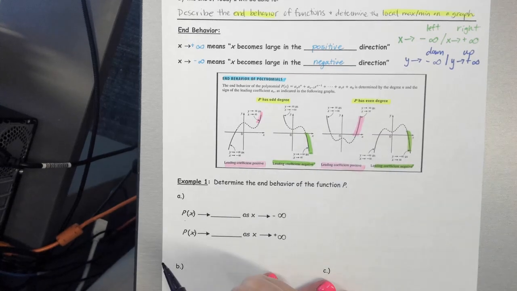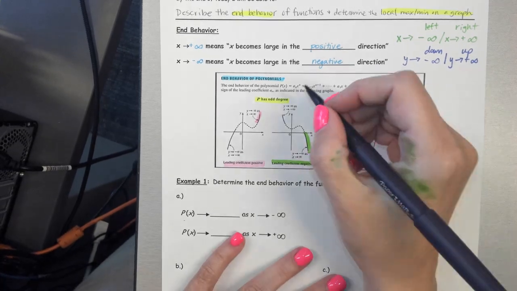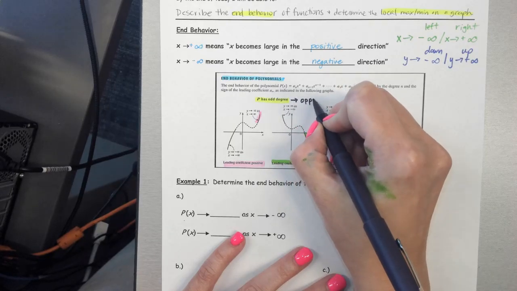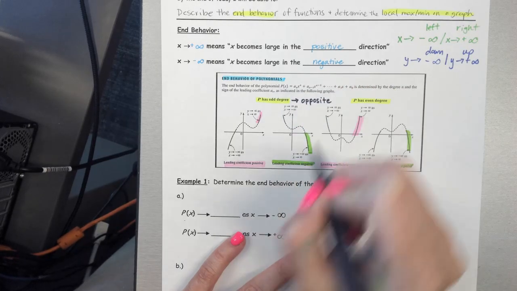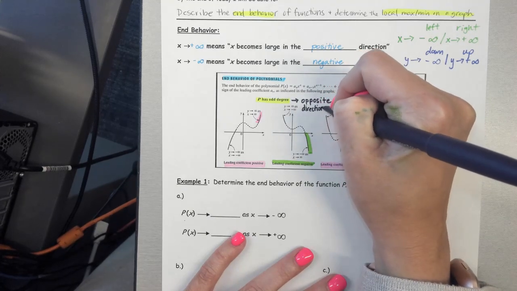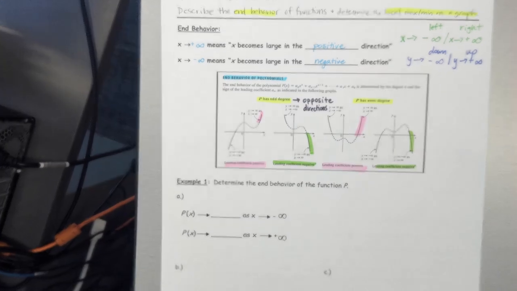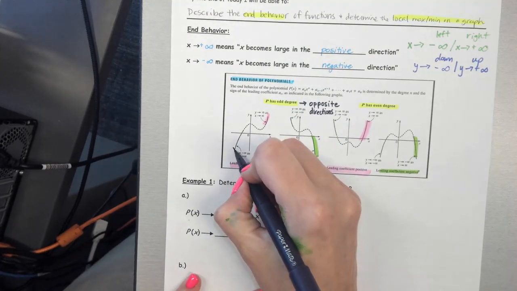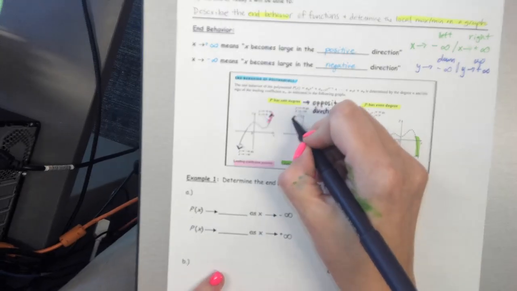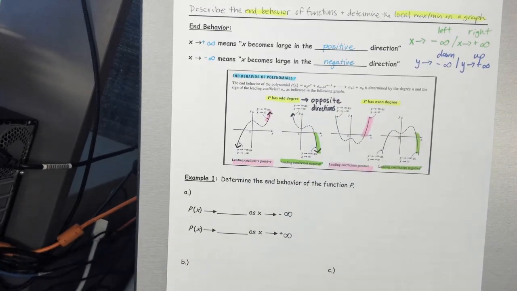So if it's an odd degree, they go in opposite directions. The ends go opposite directions. So if one end is going down, the other end is going up. If one end is going up, the other is going down.